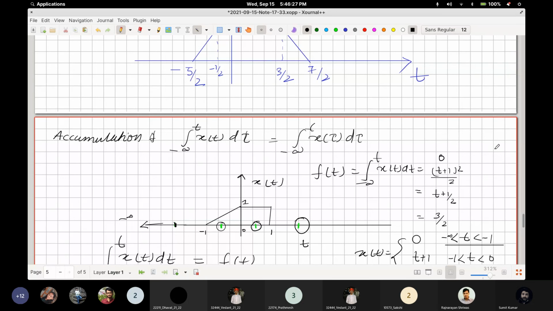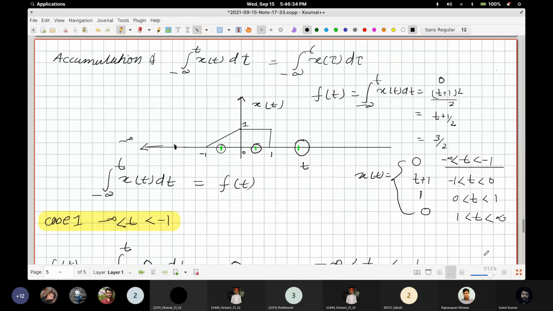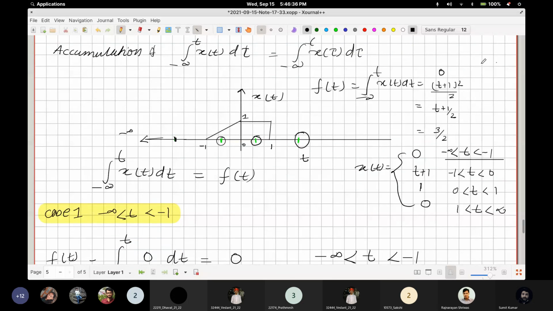This is for the first range, second range, third range and fourth range: minus infinity to minus 1, then minus 1 to 0, then 0 to 1, and then 1 to infinity. Okay, so this is the ft that we got. Is this clear to everyone?